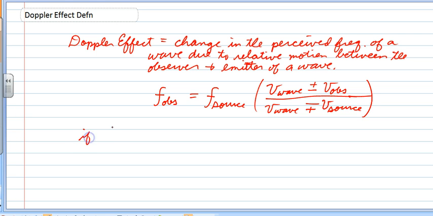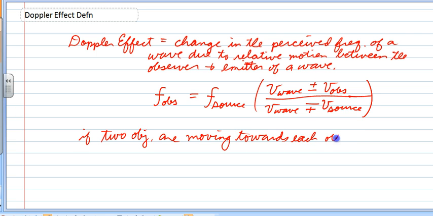So if two objects are moving towards each other, then what you end up using is a plus and a minus. And that makes the numerator larger and the denominator smaller. So the end result is that the frequency is going to increase.